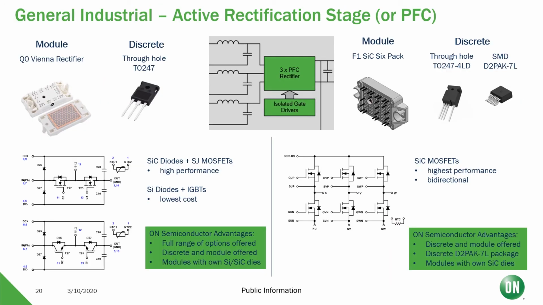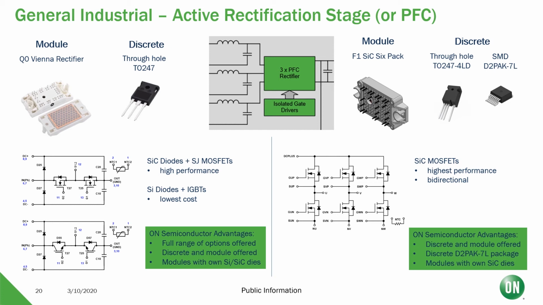Next, we'll go into general industrial applications where we use active rectification or PFC. If you look, we have different modules and discretes available. Typically, this is going to be a 3-phase PFC rectifier.